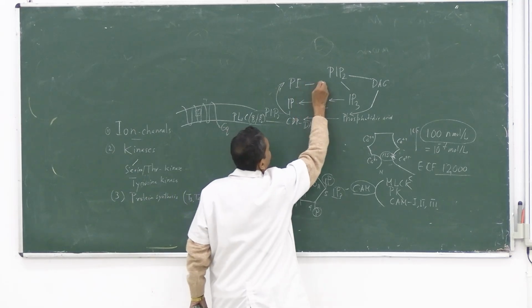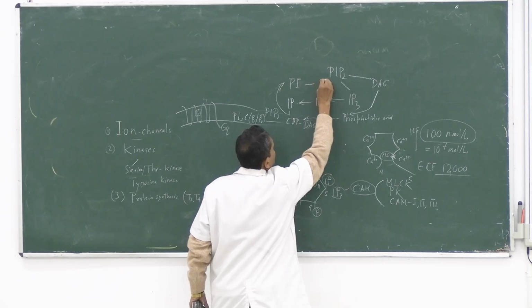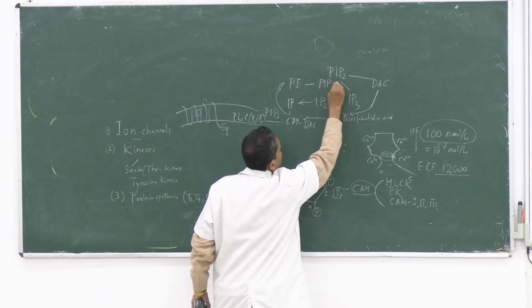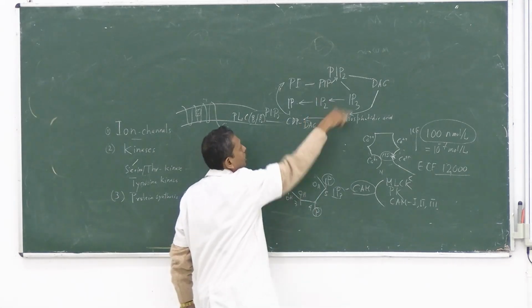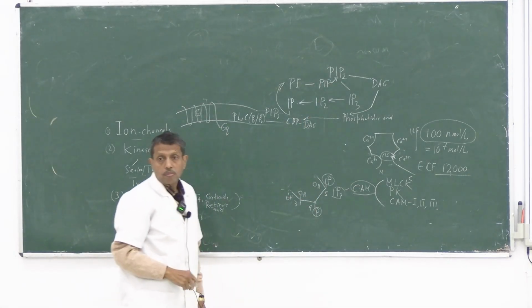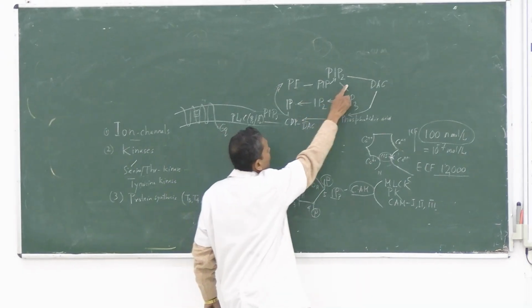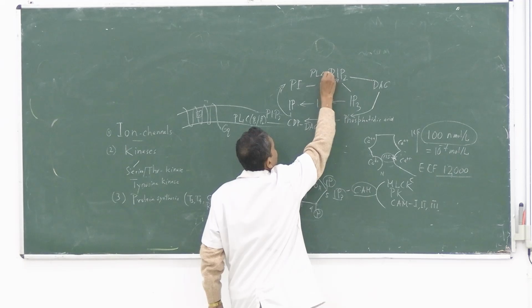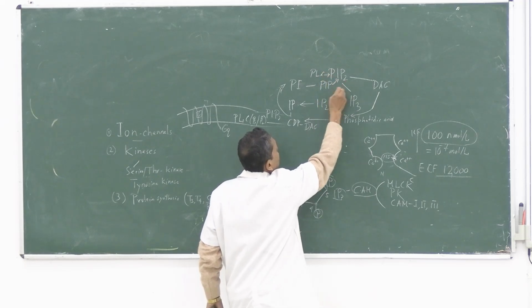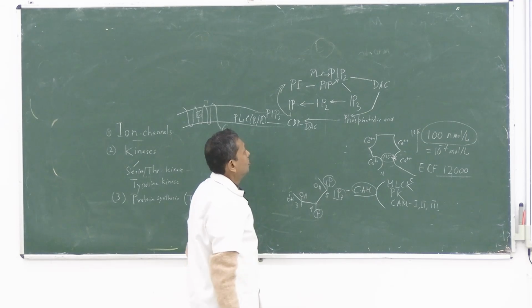Then phosphatidyl inositol phosphate, and then PIP2. In this way the cycle is completed. Phospholipase C acts upon PIP2, producing IP3 and DAG, diacylglycerol.